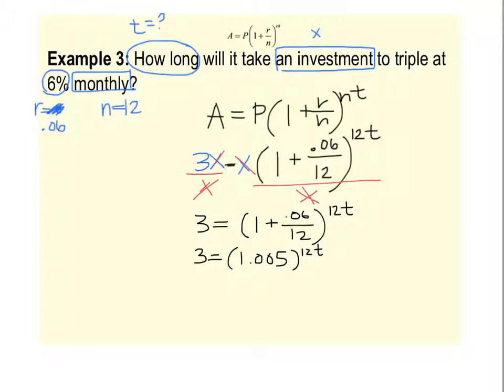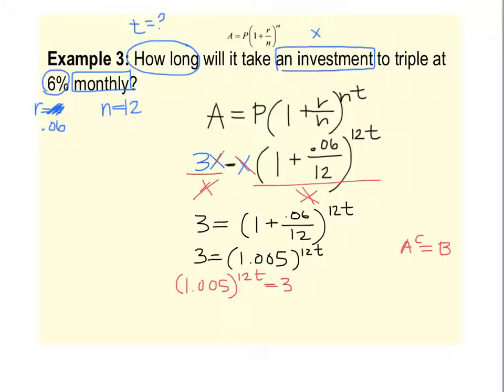Now here's the question, how do you solve for t when it's up in the exponent? What you need to notice is that this is in the form a to the c equals b. It's in the opposite order here because it's written with b on the left-hand side, but I could flip it around and we have a to the c equals b.